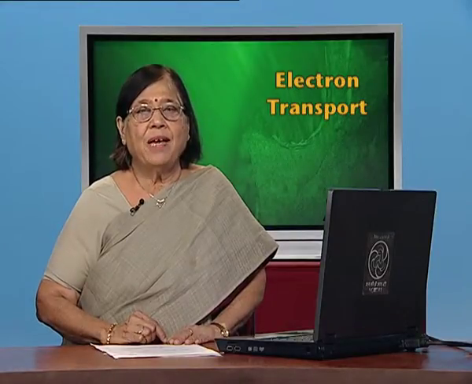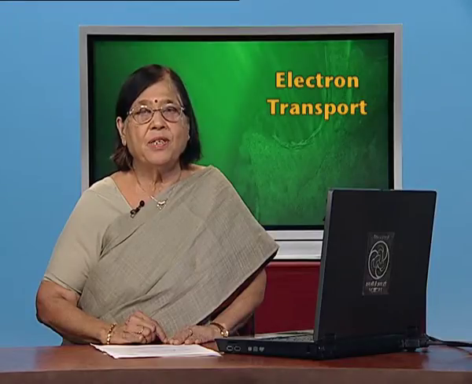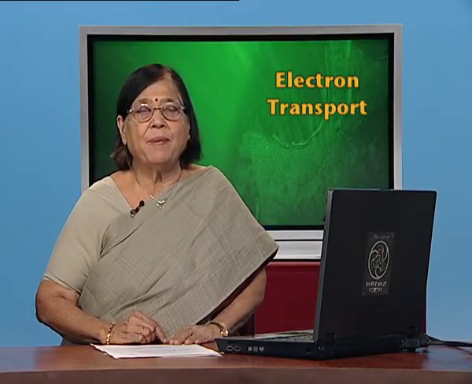At this point, I will remind you that this is photosynthesis, where plants are taking carbon dioxide and giving out oxygen, but they are doing respiration also, in which they also take oxygen like us and give out carbon dioxide like us. In this session, we have discussed the electron transport system, splitting of water, and oxygen coming out from water, which is released by the plant.